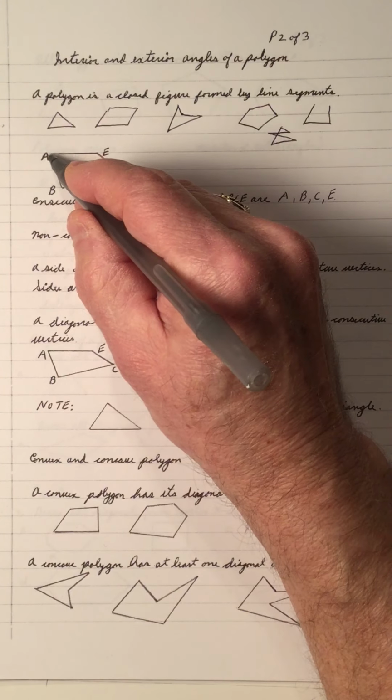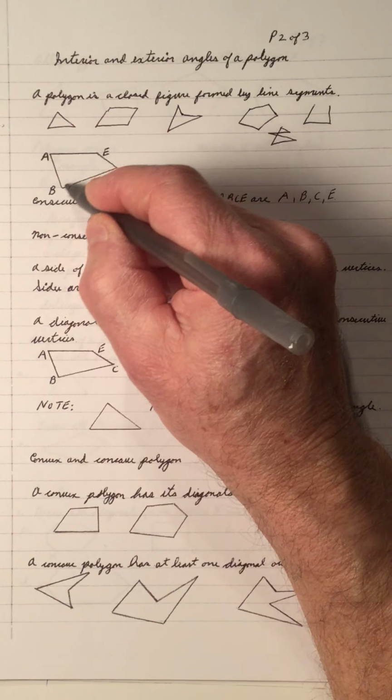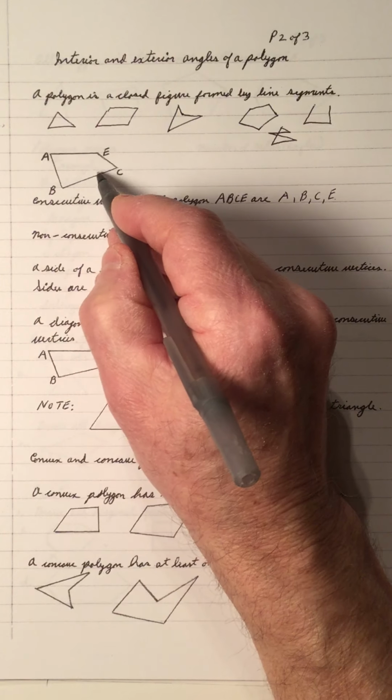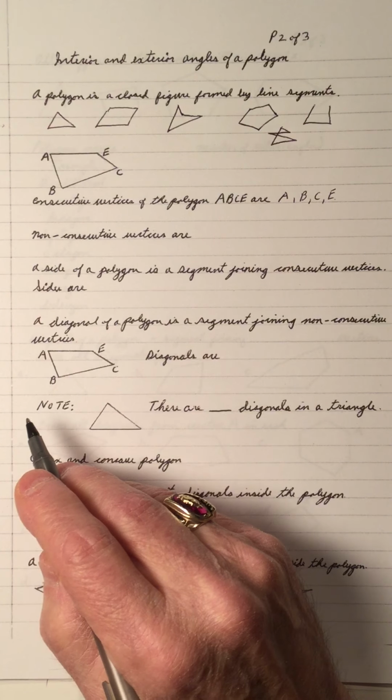You can't go A, E, then to C, because there's no segment. Consecutive vertices are vertices next to each other in a polygon.